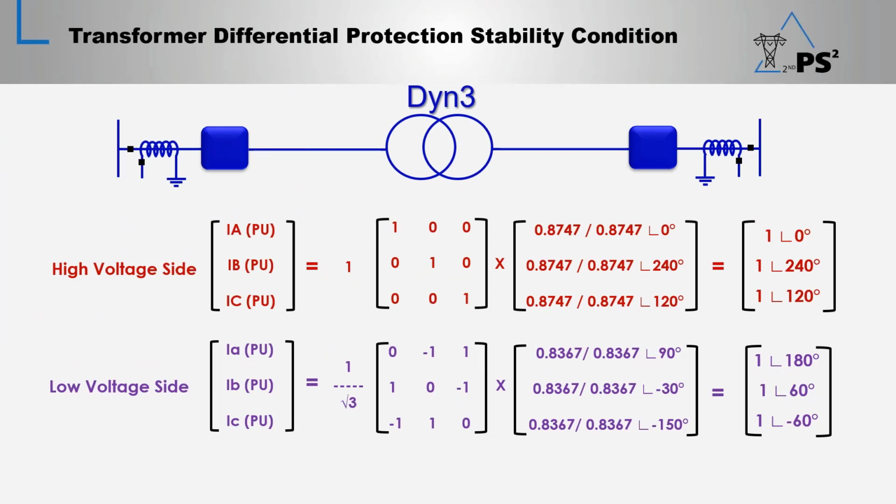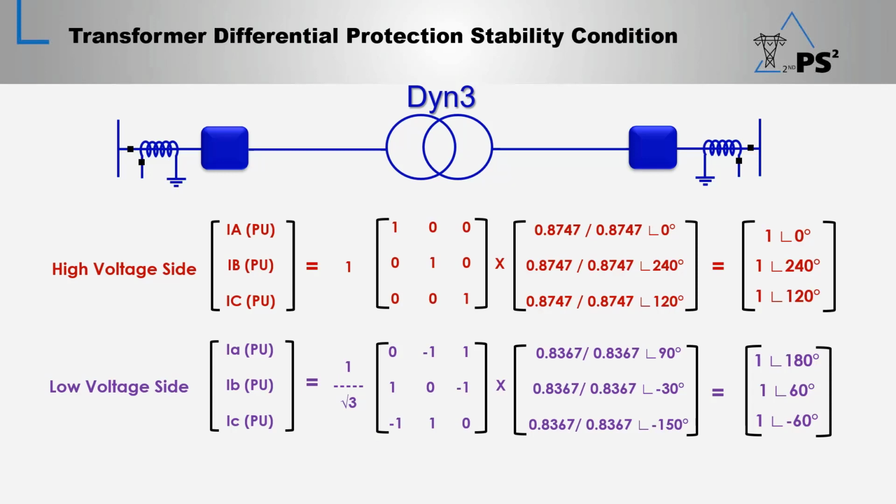Now let's come back to calculate the current values that the relay will use in the differential calculations. The current value will equal, as we said, the measured value of the current in ampere over the nominal current multiplied by the compensation matrix. So in the high voltage side, we have our compensation matrix, which is 0, multiplied by the three-phase current measured by the relay.